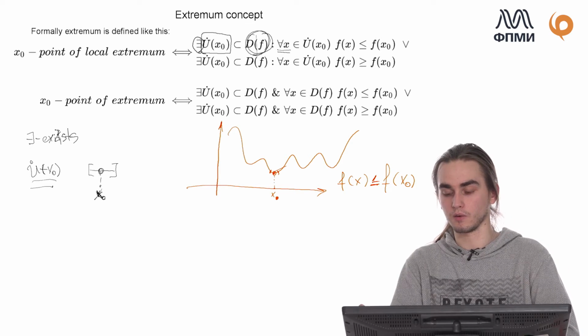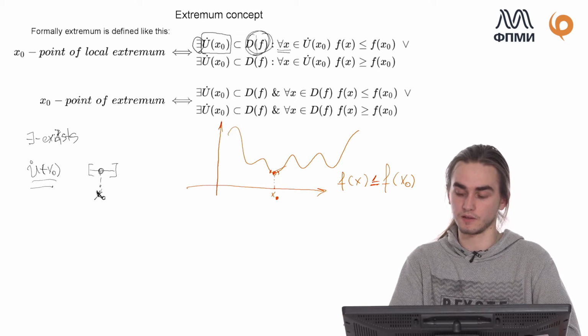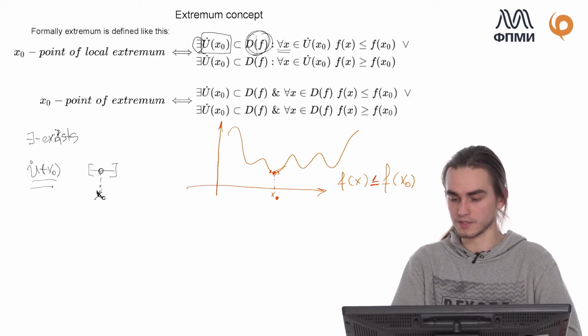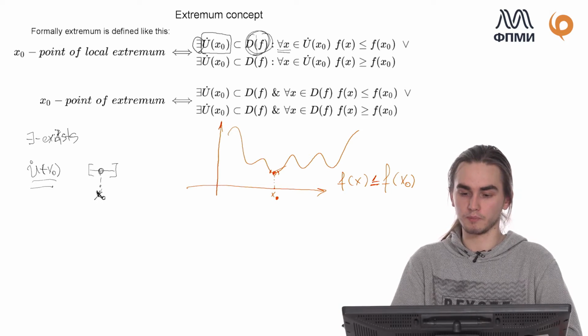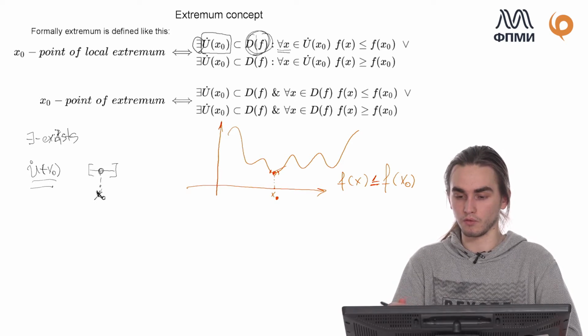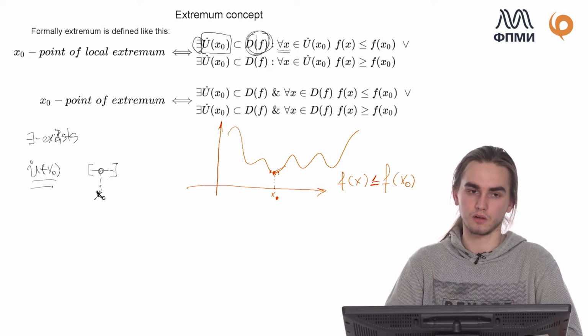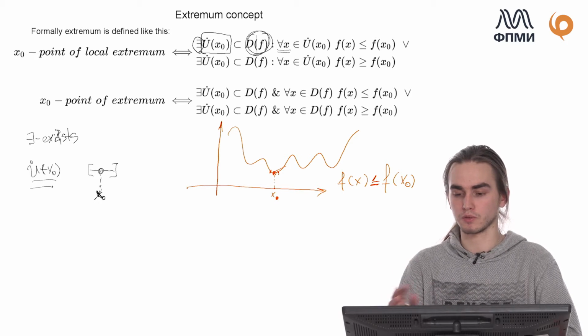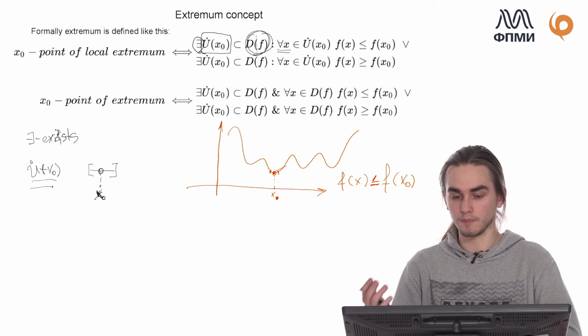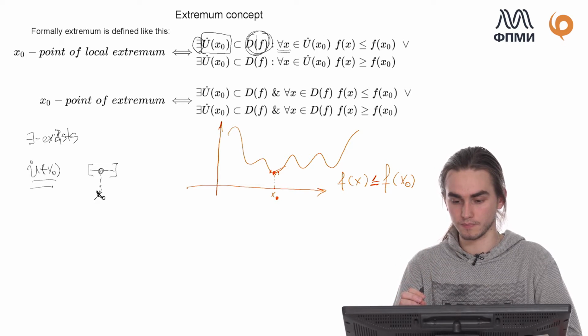So basically they're all less than f of x sub 0. It's basically a local minimum, but extremum is a general concept of some interesting point. So it's either a minimum or a maximum. We're not interested in it, but it's interesting.